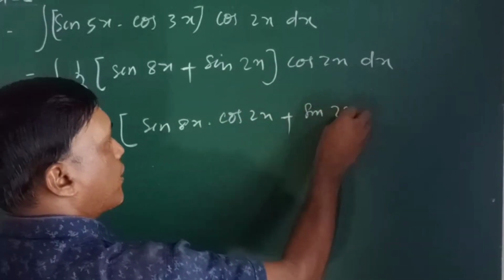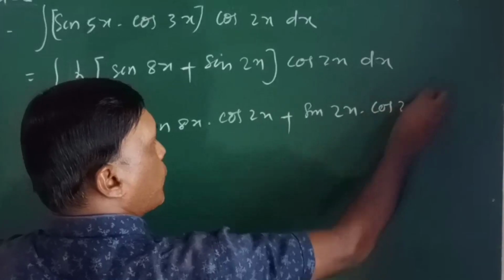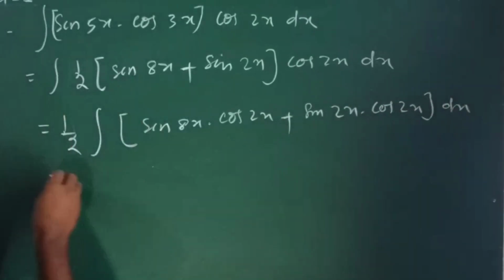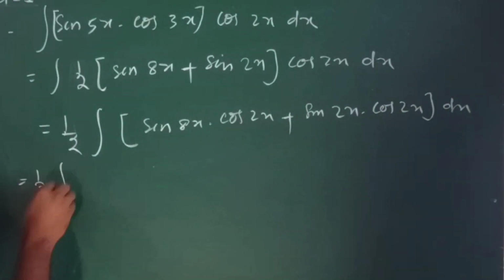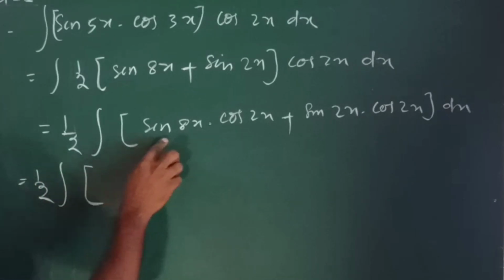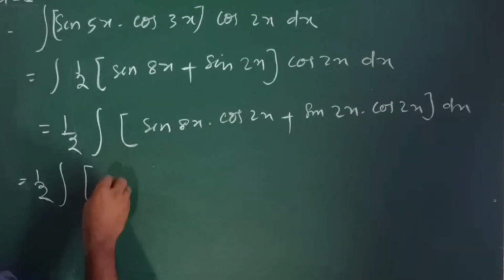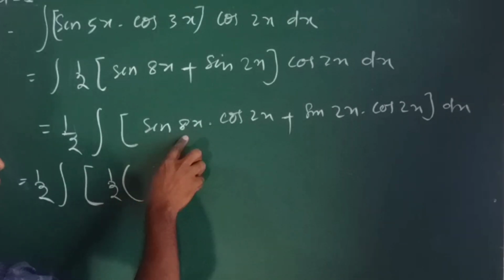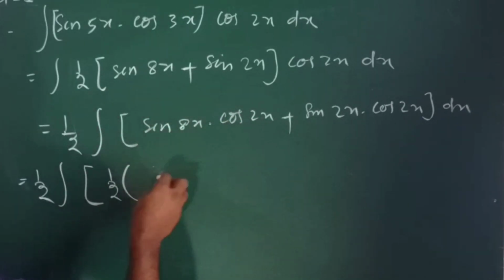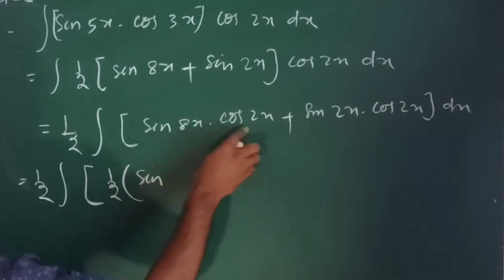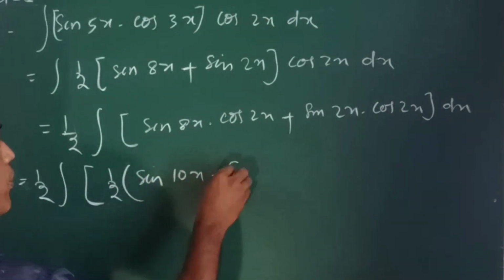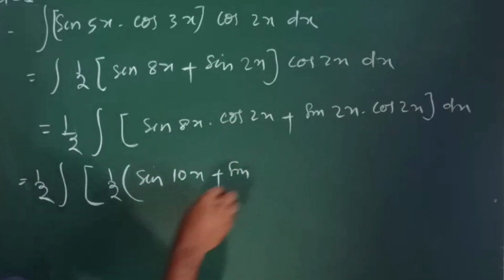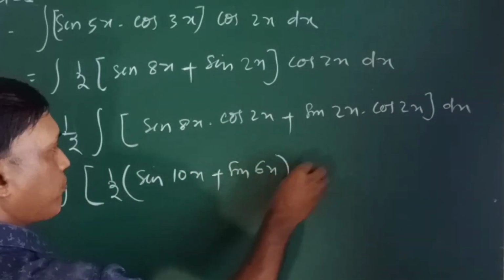This is half of the integration of, now this is sin A into cos B, again half of sin(A plus B) plus sin(A minus B). Sin A plus B is sin 10x, plus sin A minus B is sin 6x.